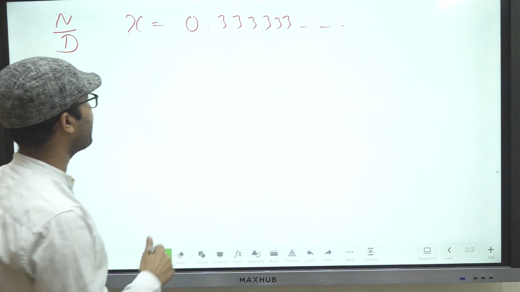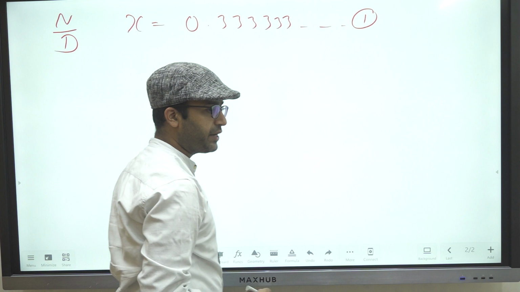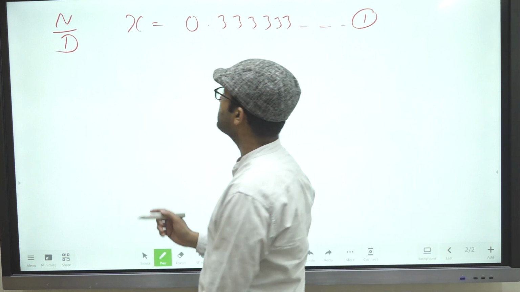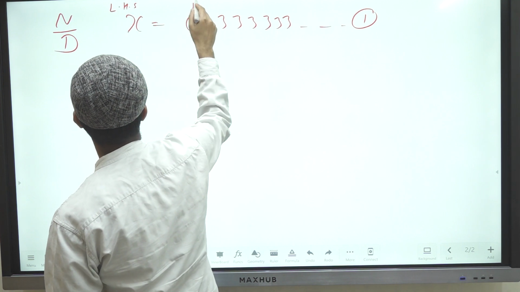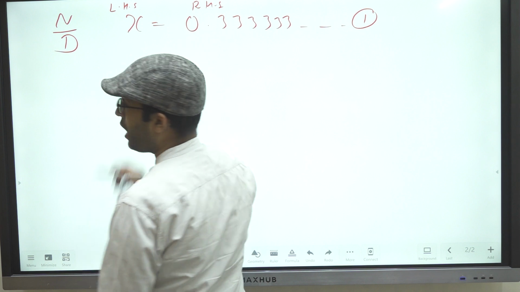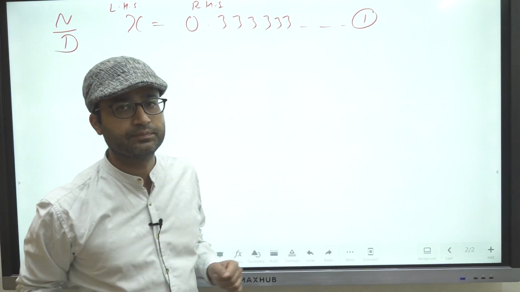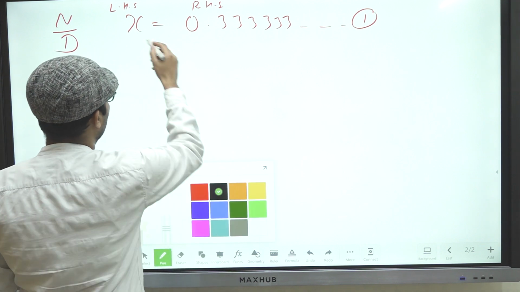I take it as equation number 1: 0.3333 is equal to x. Now this is the left hand side and this is the right hand side. The rule is we can multiply both sides by the same number. So I multiply both sides by 10.